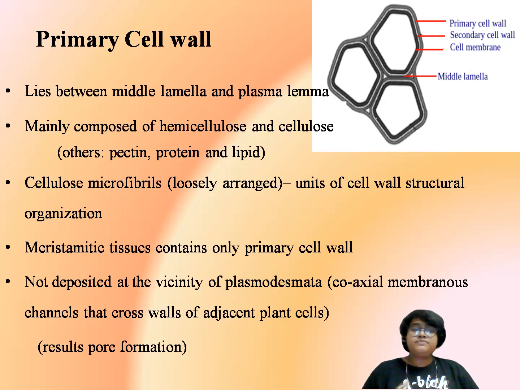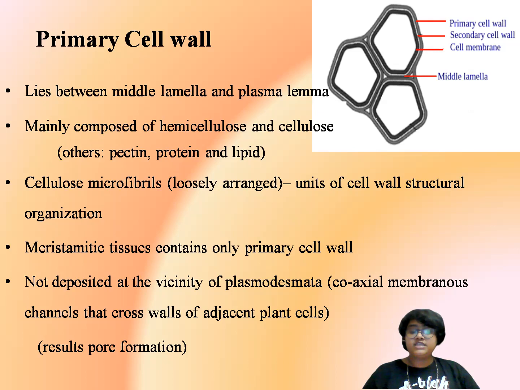These cellulose microfibrils are the unit of cell wall structural organization. Now, in the case of the primary cell wall, these cellulose microfibrils are loosely arranged. That means there will be some pores in the primary cell wall due to improper deposition of cellulose microfibrils.